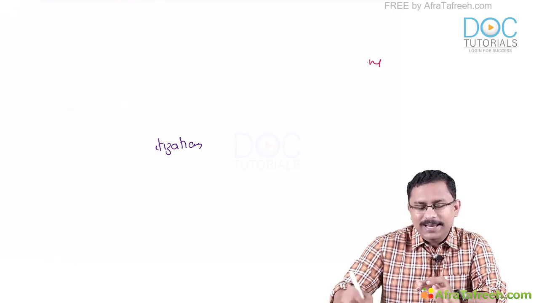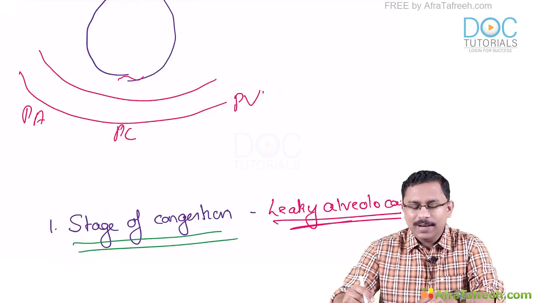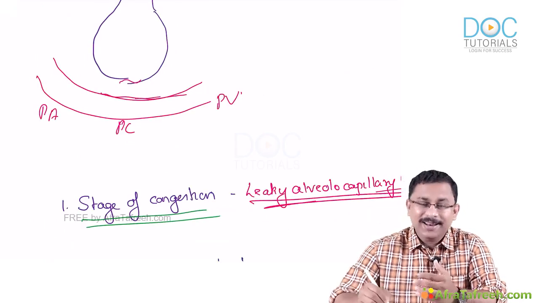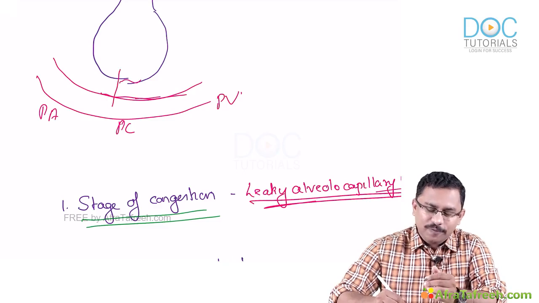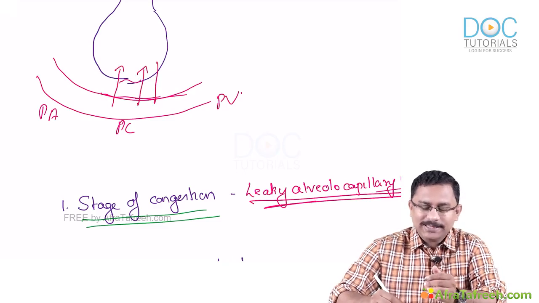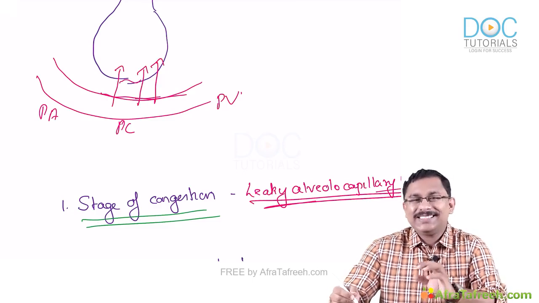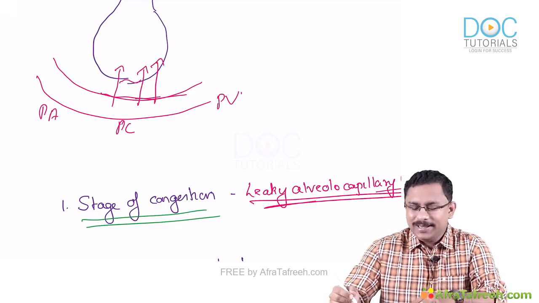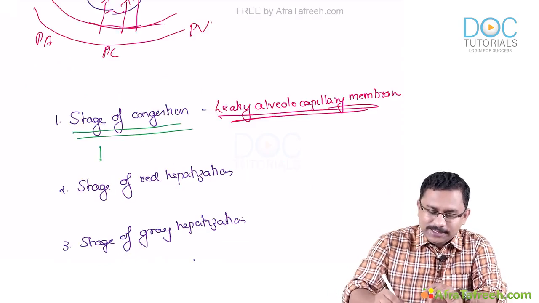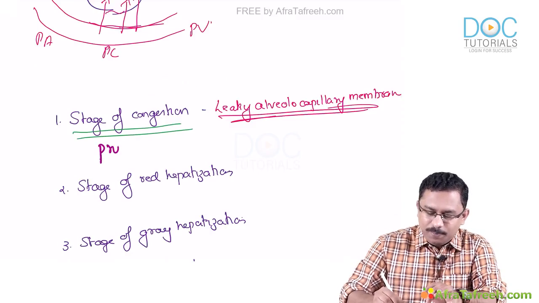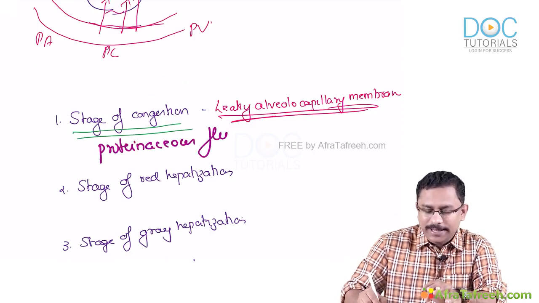And when you have a leaky alveolo-capillary membrane, the integrity of the capillaries would also be affected. So there will be a flow from the endothelial cells of the capillaries. You have the proteinaceous fluid which reaches the alveoli. Okay. So in the stage of congestion, you have proteinaceous fluid reaching your alveoli.